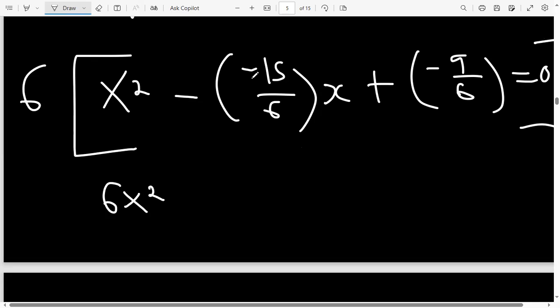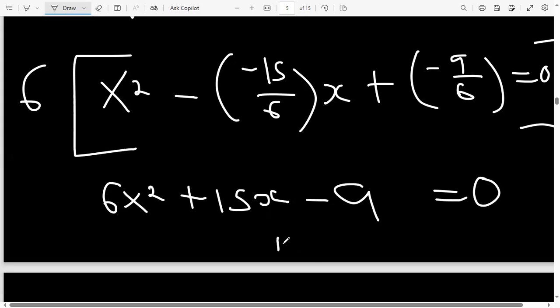This negative and this negative will form a positive, and then 6 multiplied by 15 over 6, you just cancel out the 6 that is in the denominator, so we have plus 15x, okay? And then 6 multiplied by minus 9 over 6, it will cancel out the 6 in the denominator, we're going to remain with minus 9 is equal to what? 0. So this equation here is our new equation.